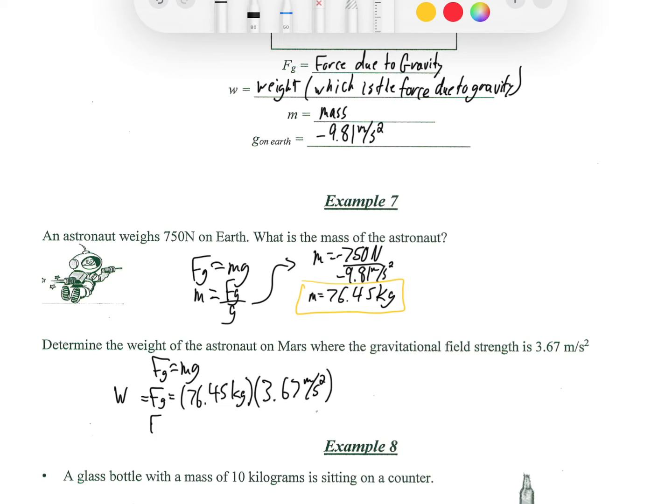Right, so when we plug in our numbers, we will get 280.6 newtons. So we can see how that compares to Earth, where his weight is 750 newtons, and then on Mars, he'd be lighter, 280.6 newtons. But the mass will stay the same.